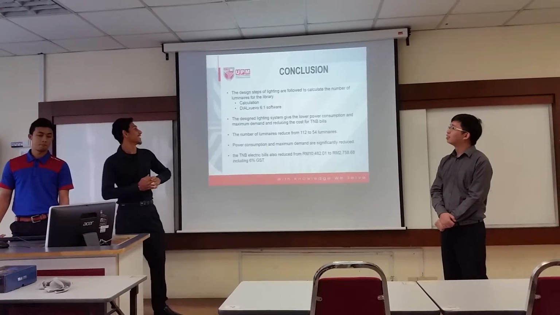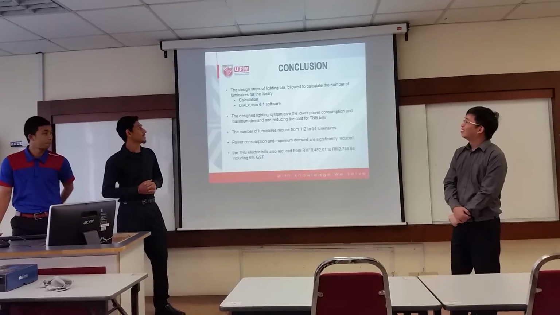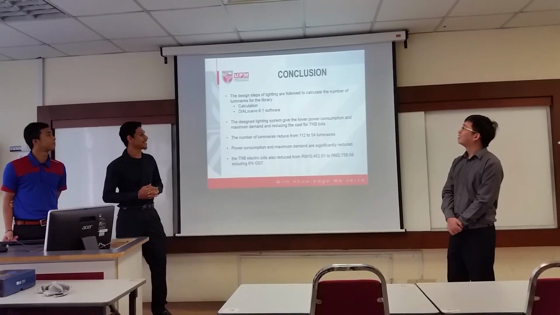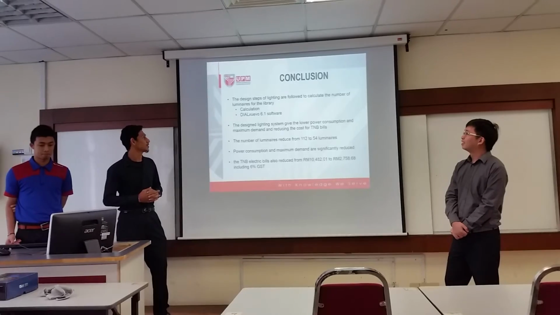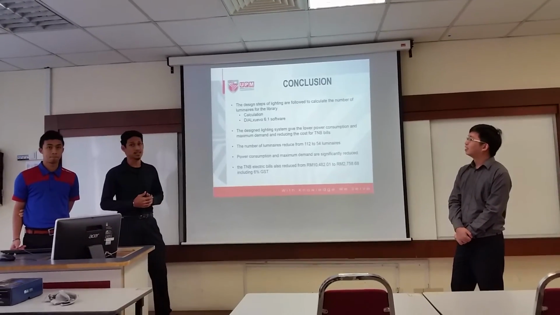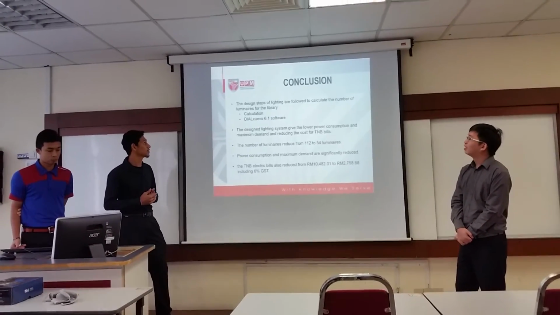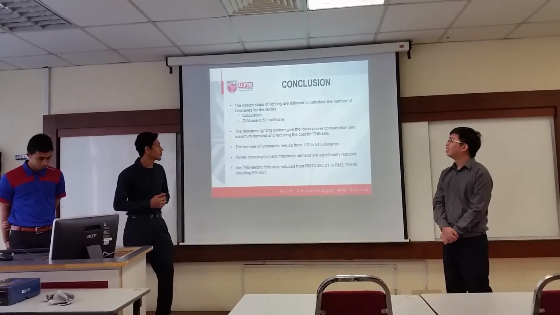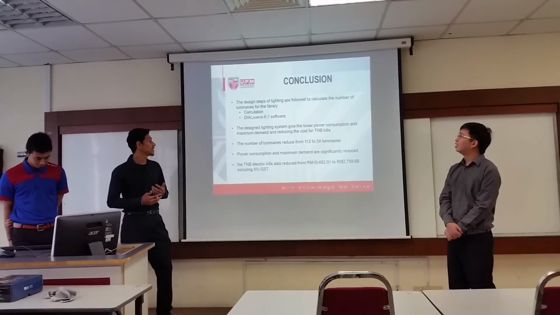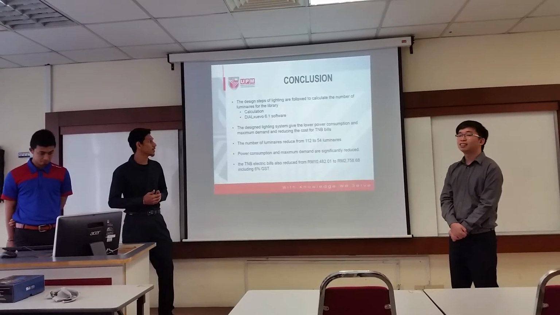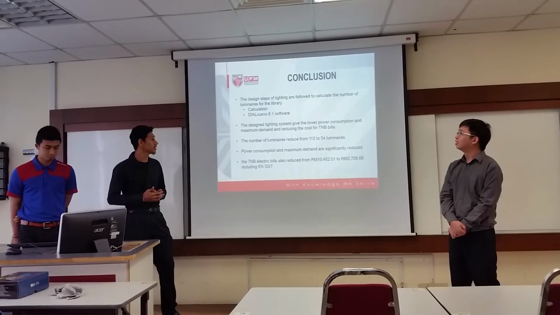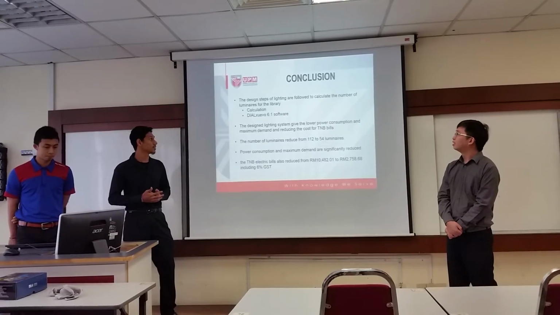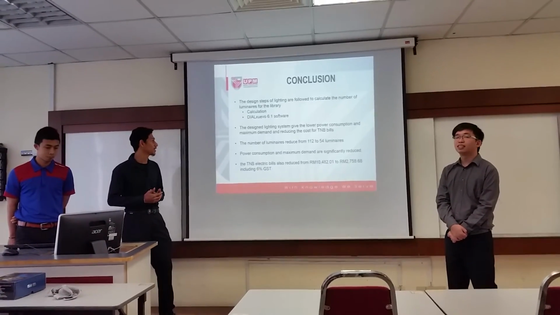So the conclusion: the design step of the lighting model is to calculate the number of luminaires. The method that we use, as mentioned before, is manual calculation and DIALux 3.1. From the lighting system design, we managed to get low power consumption and maximum demand, as well as reducing the cost of the TNB bill.